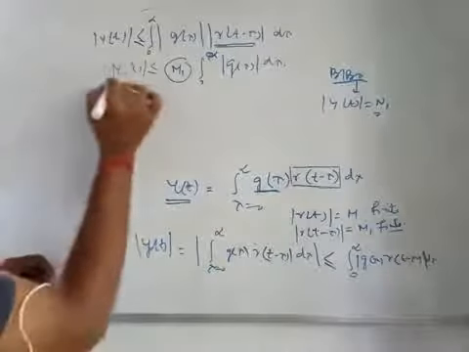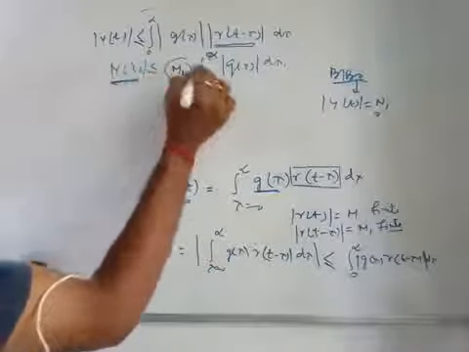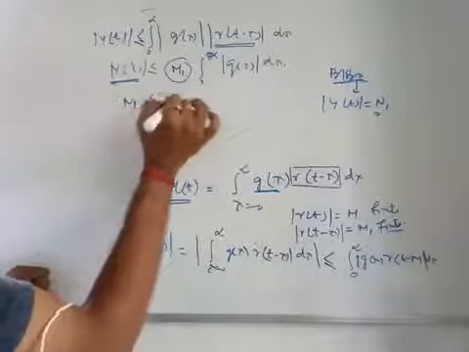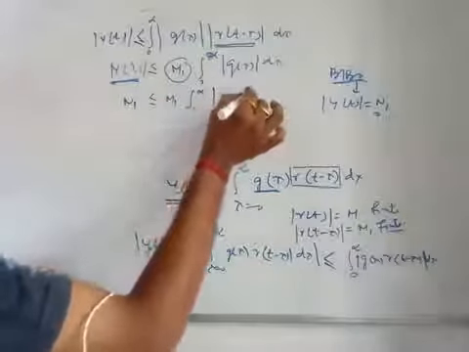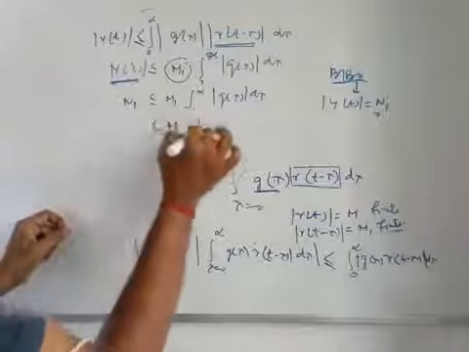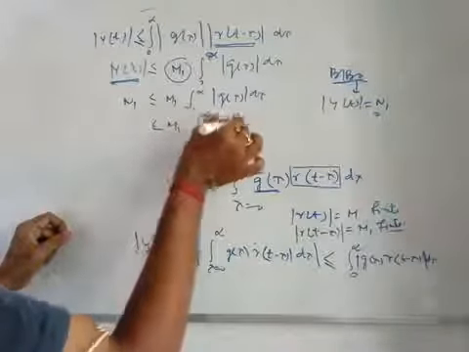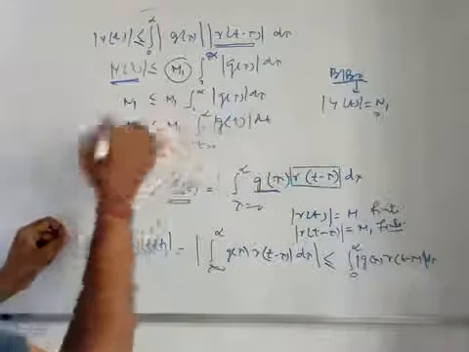So if this is a finite quantity and it is less than this, then definitely N1 is less than M1 times the integral from 0 to infinity of g(t) dt. What does it mean?